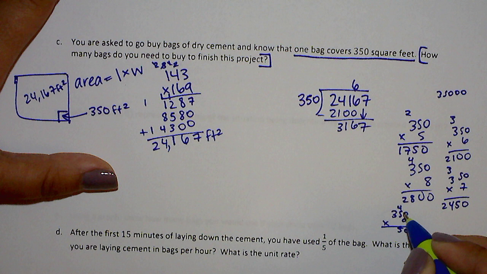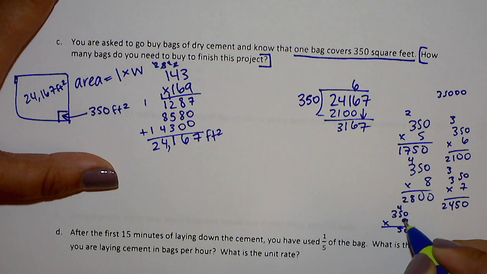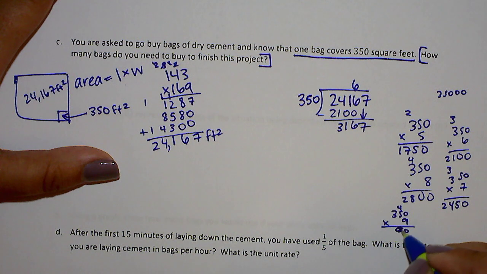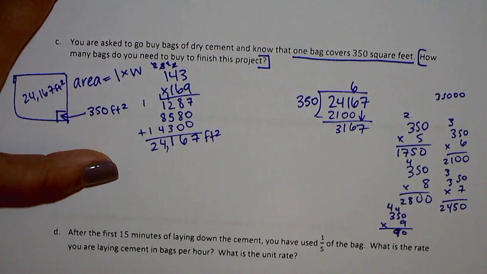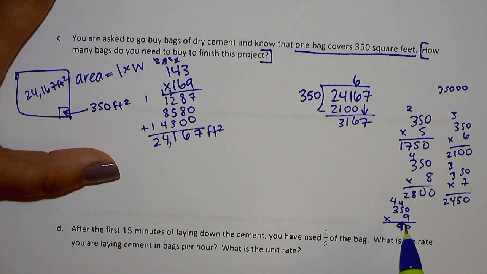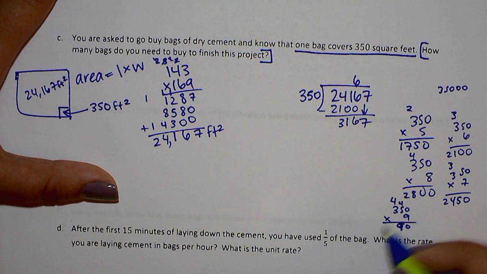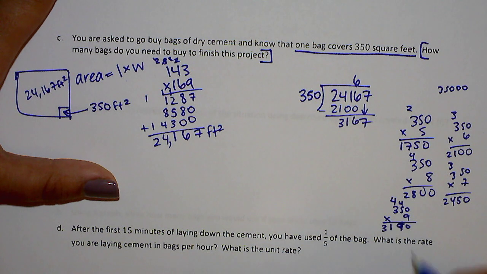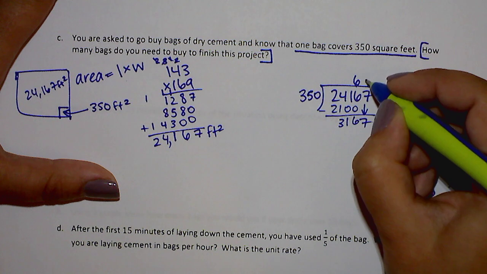That's 45. Oops. 9 times 5 is 45, plus 4 is 49. See, even I make mistakes, and that might have been why you messed up. 3 times 9 is 27, plus 4 is 31. 3190, that's too big. So we're going to go with 8.